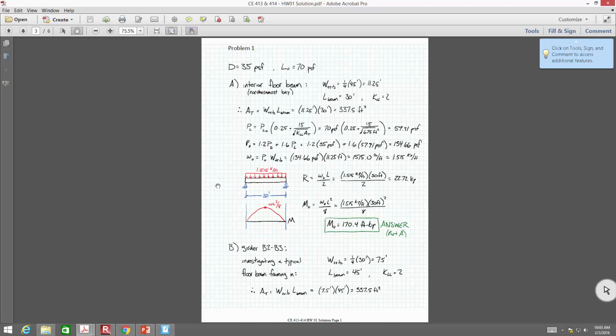If you just look at one of those floor beams in that inner bay, the tributary width is different and the span length is different, but because the live load element factor and ultimately the tributary area are identical, because these two numbers are the same as the numbers up here, we can make a few observations.